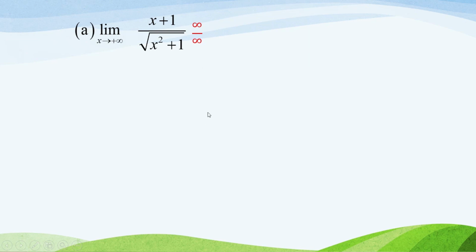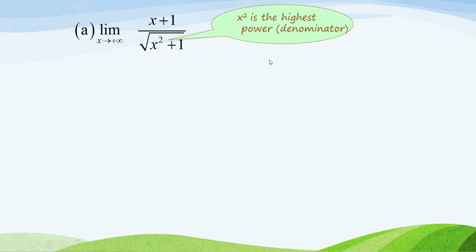So we must divide by the highest power of the denominator. We can see that the denominator is a square root function and x squared is the highest power inside it, so we need to divide the denominator by the square root of x squared.